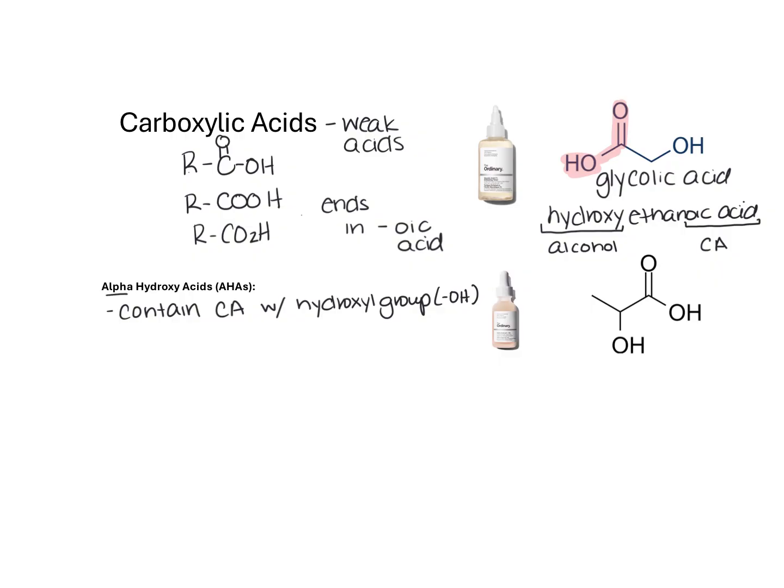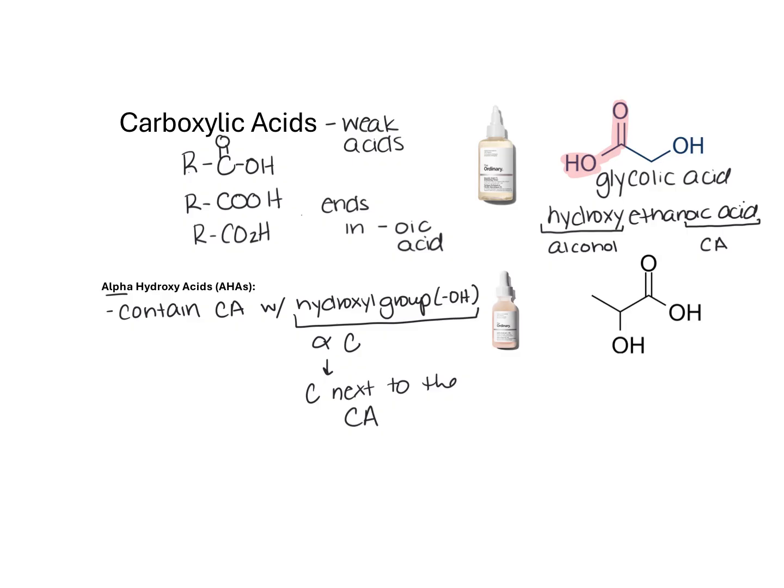The reason they're called alpha is because the hydroxyl group is located on the alpha carbon. The alpha carbon is the carbon next to the carboxylic acid. So we've got this really specific location.